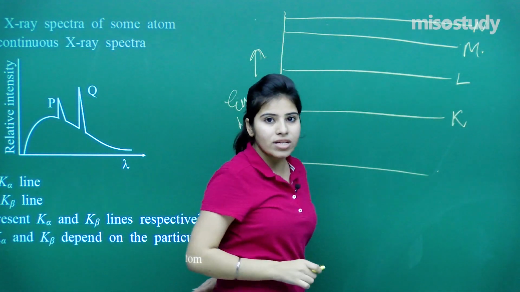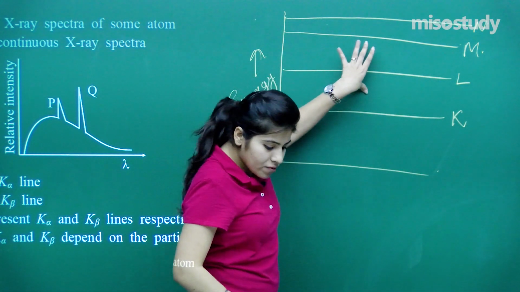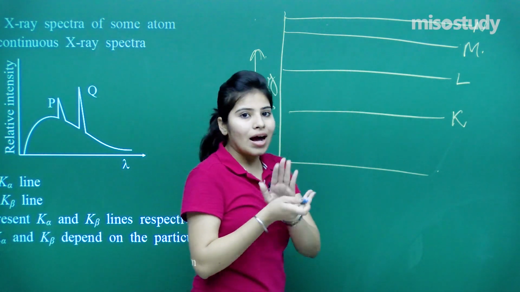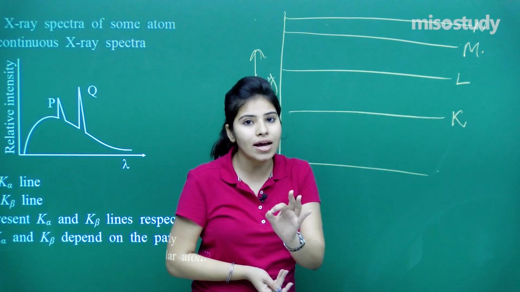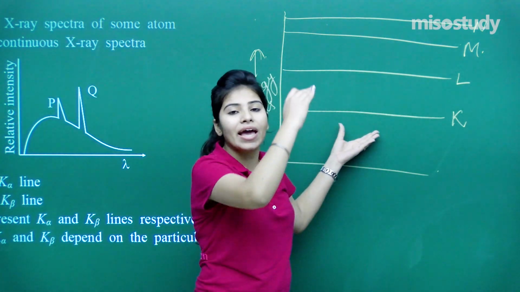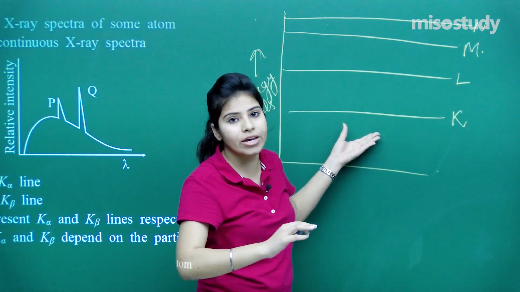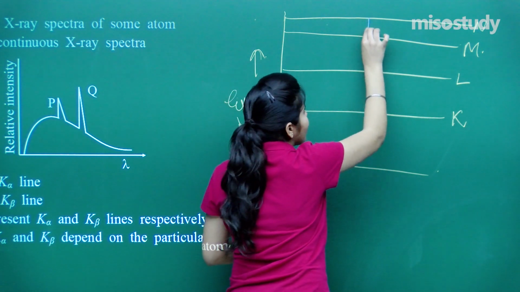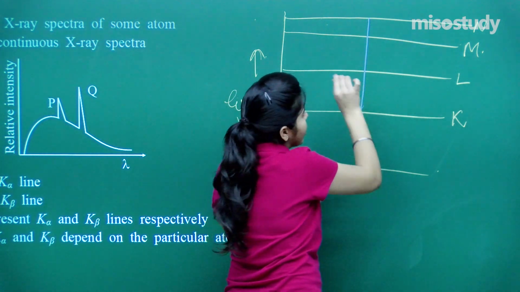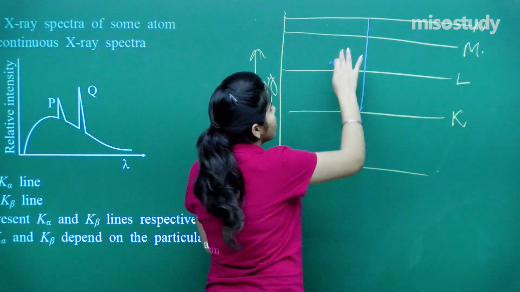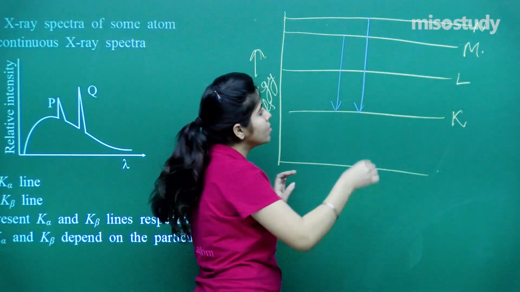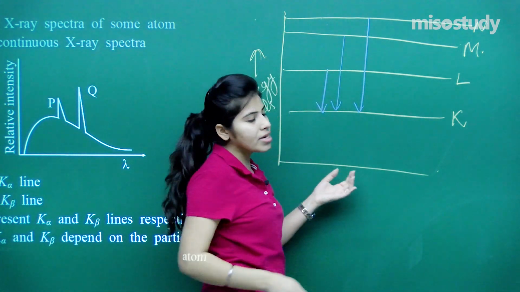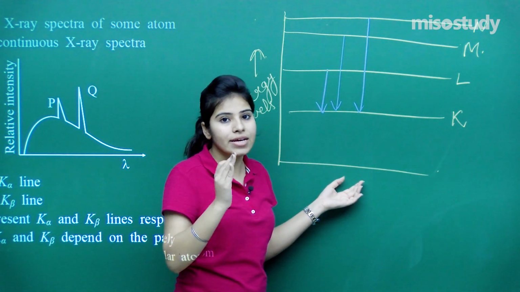Are you guys able to see this? If this is the N shell, I have told you what K lines are. The K lines are those lines which come from any higher energy level to the K shell. So if the line is coming from the N shell to the K shell, that will be your K line. If it is coming from the M shell to the K shell, that will also be your K line, and L to K will also be your K line.